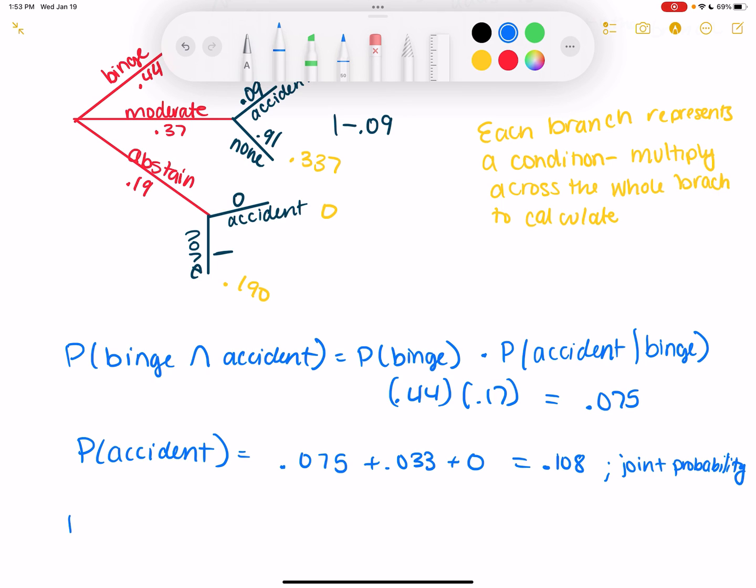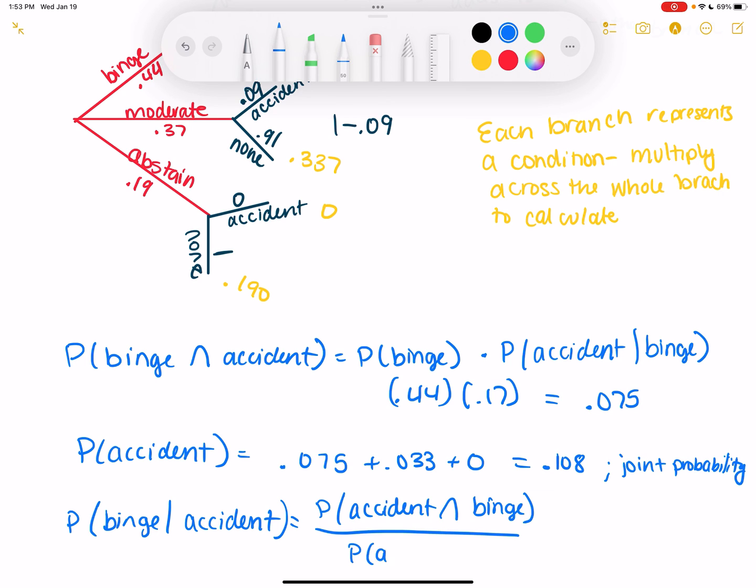And then the probability that they binge, given that they were in an accident, is the probability of an accident intersected with binge divided by the probability of an accident, which is equal to the 0.075 divided by the 0.108, which is 0.694.